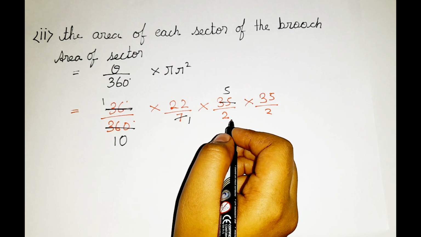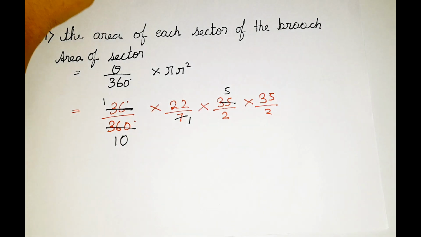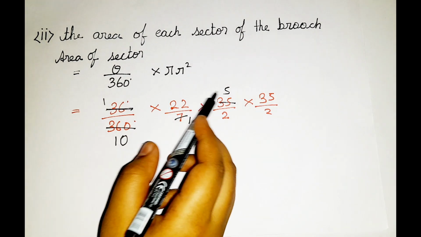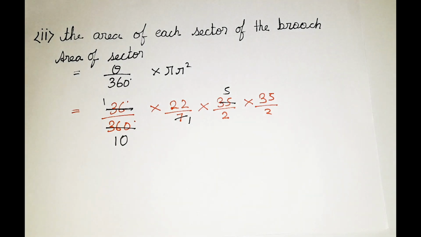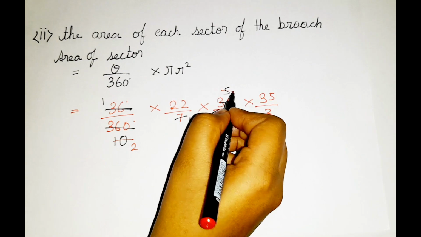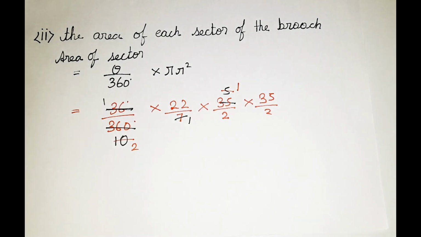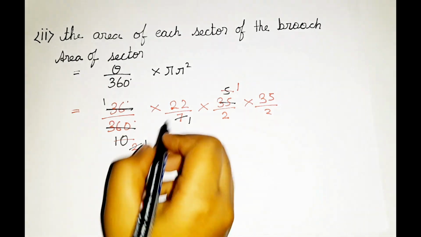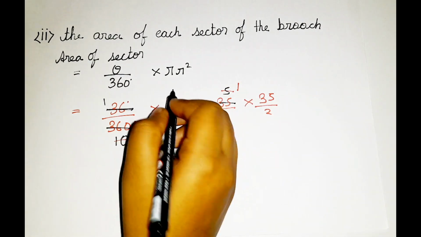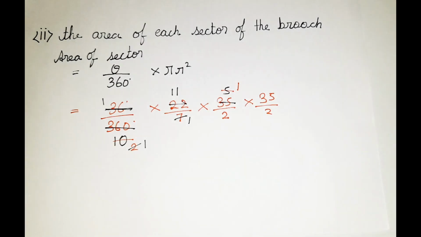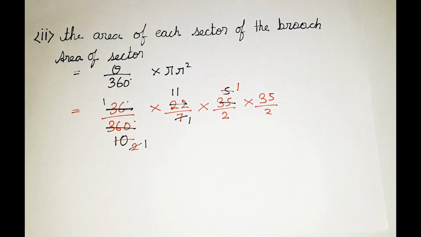Now we can cancel this 10 and this 5. 5 2s are 10, 1 5 is 5. Now we have 2 and 22. We can cancel them. 1 2 is 2, 1 1 is 1, 1 2 is 2, 1 2 is 2. Now we can write the rest of the values as it is.